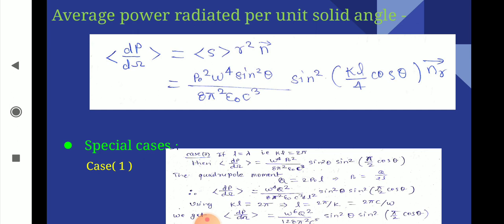As we know KL is equal to 2 pi, that's why L will be equal to 2 pi by K, that is 2 pi C upon omega. So dP upon d omega, it will be equal to omega to the power 6 Q square upon 128 pi square epsilon naught C to the power 5 sine square theta sine square in bracket pi by 2 cos theta.